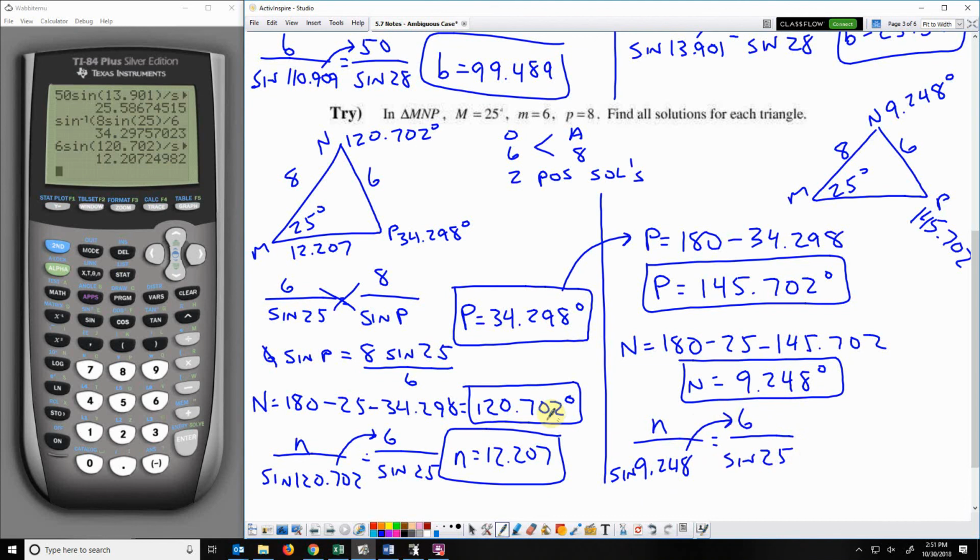So I multiply across. Sine 9.248 times 6, and I've typically been doing that 6 in front, so I'll do it that way again. 6 times sine 9.248 divided by sine 25. 2.282.